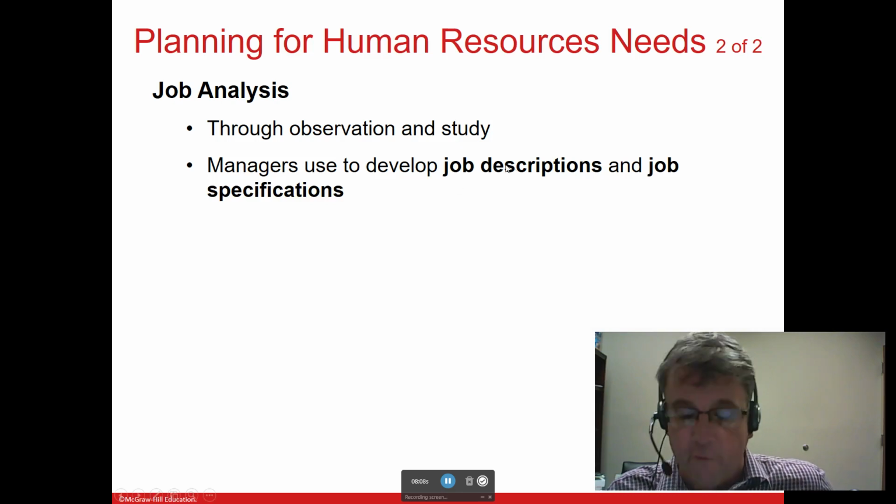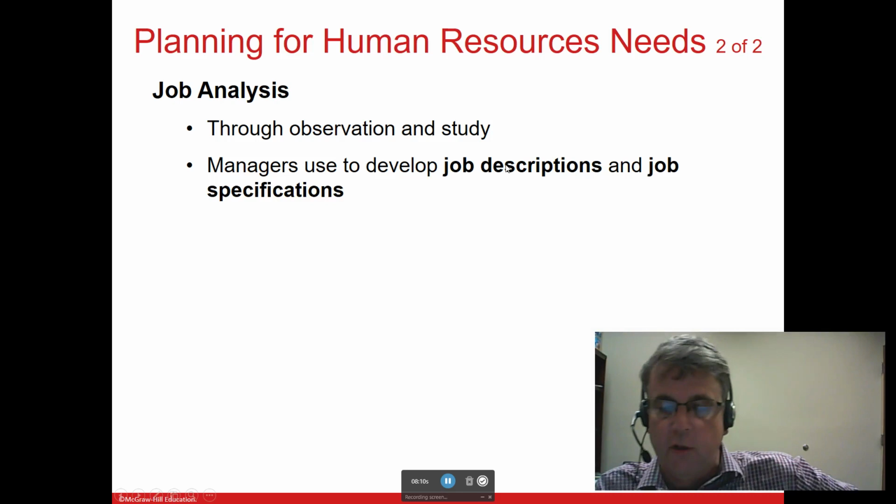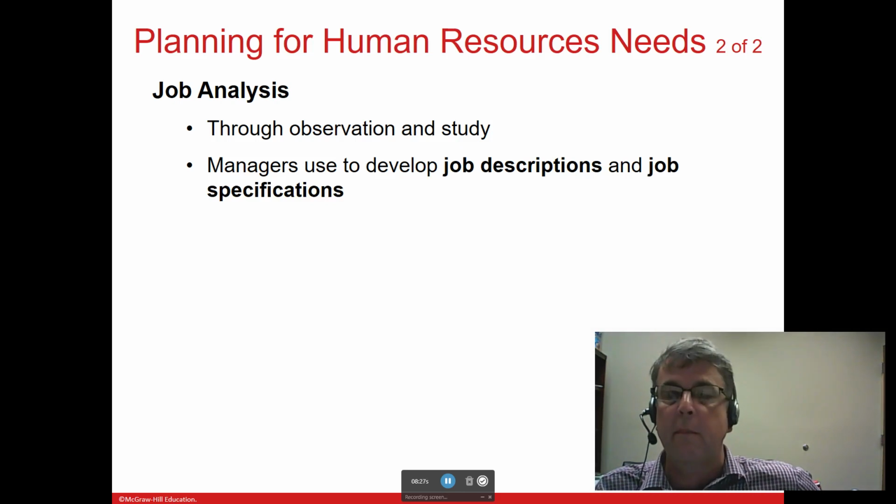Okay. The first way is job description, a formal written description of a specific job, including job title, tasks to be performed, relationships with other jobs, physical and mental skills required, duties, responsibilities, and working conditions.